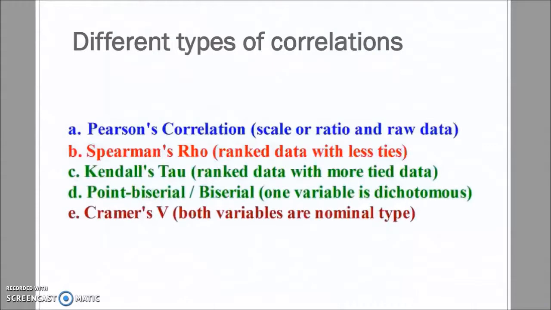So let's go and talk about the different types of correlations that are given in your book. One of the most common correlations that is used is the Pearson product moment correlation. If you do not see a correlation name mentioned, it is always the Pearson correlation.